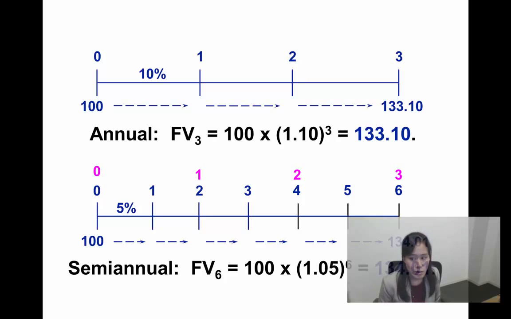Because the future value is larger under semi-annual compounding, it also means that the present value is smaller under semi-annual compounding. And a quick and dirty way of thinking about this is we know that under semi-annual compounding, $134 in the future is equivalent to $100 in the present.